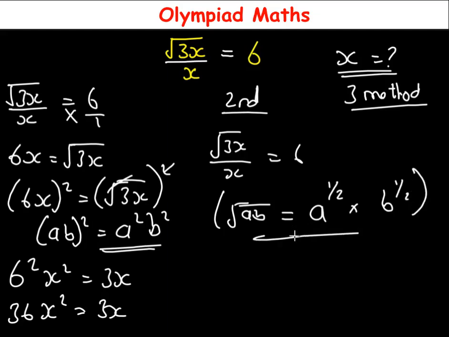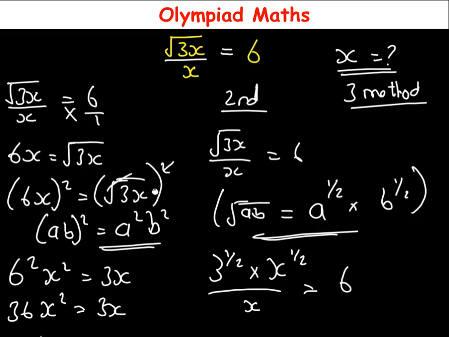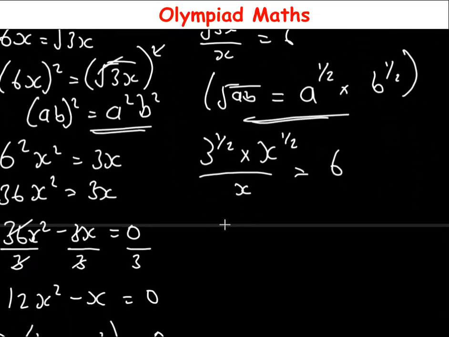Okay, so applying this rule to this, we're going to have 3 power of half times x power of half over x is equal to 6, right? And this can be written as 3 power of half times x power of half, all over x is then equal to 6, right?